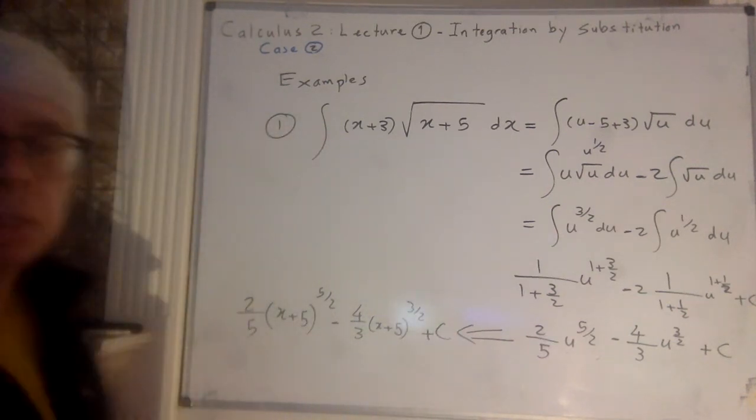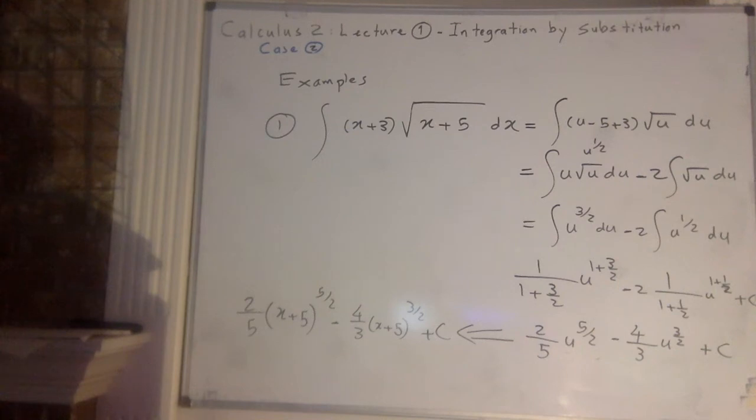So that is the second type, or the second case, where you can use substitution, and there's no general rule like the other one. You have to just look at the integral and see that it is a substitution.